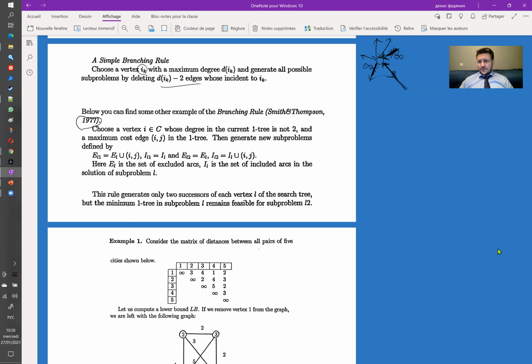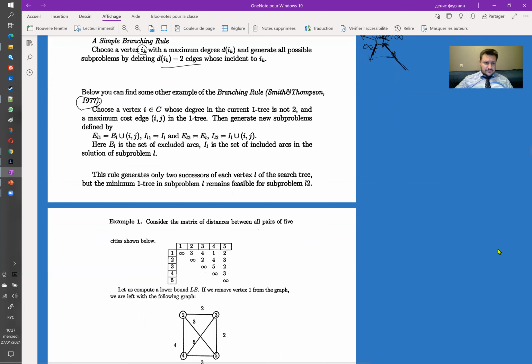But some part of our course will be very fresh, and I'm not sure that it is published anywhere already. But okay, so we split into problems, and then we have bounds, as I described before.